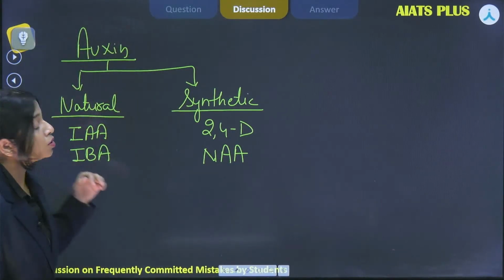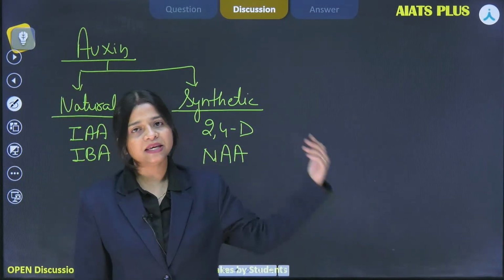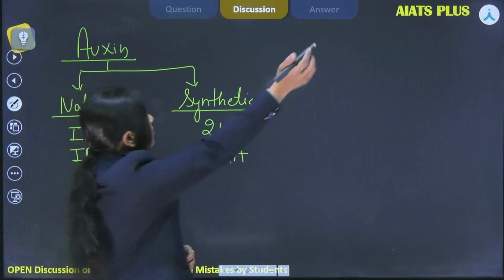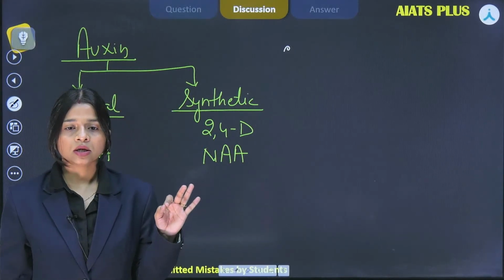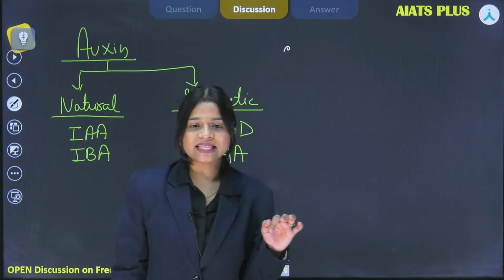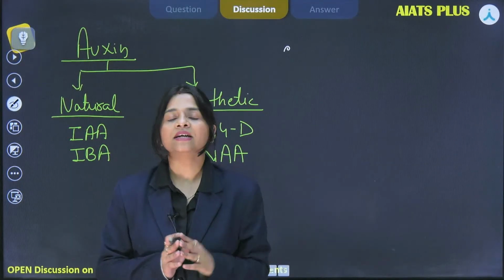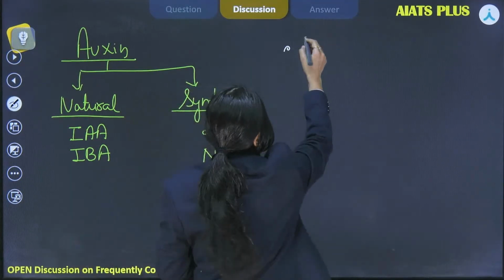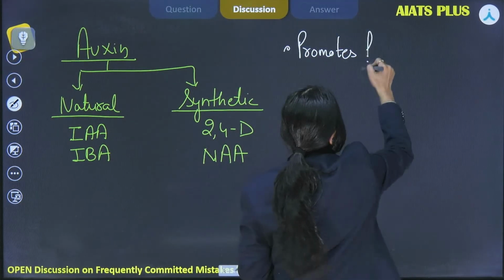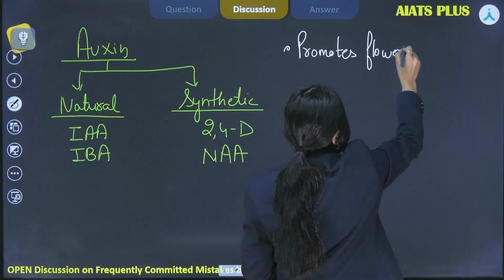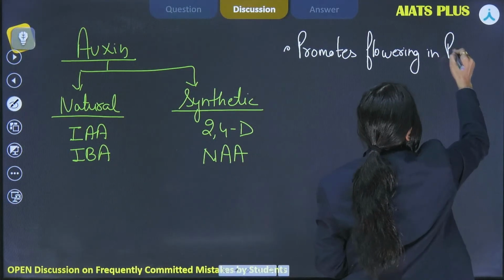Now, speaking about the roles that are performed by auxin in a plant. Apart from inducing parthenocarpy in seedless fruits like tomato, we have other roles also. It is very important. Yes, 2,4-D and ethylene. Now, first of all, among the rest of the functions performed by auxin, it promotes flowering in pineapple, okay, and lychee also.